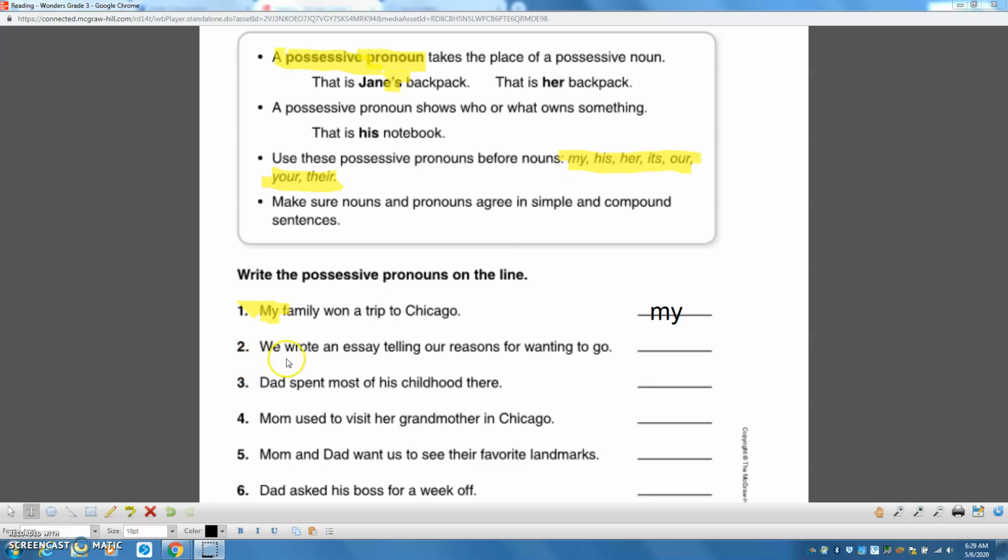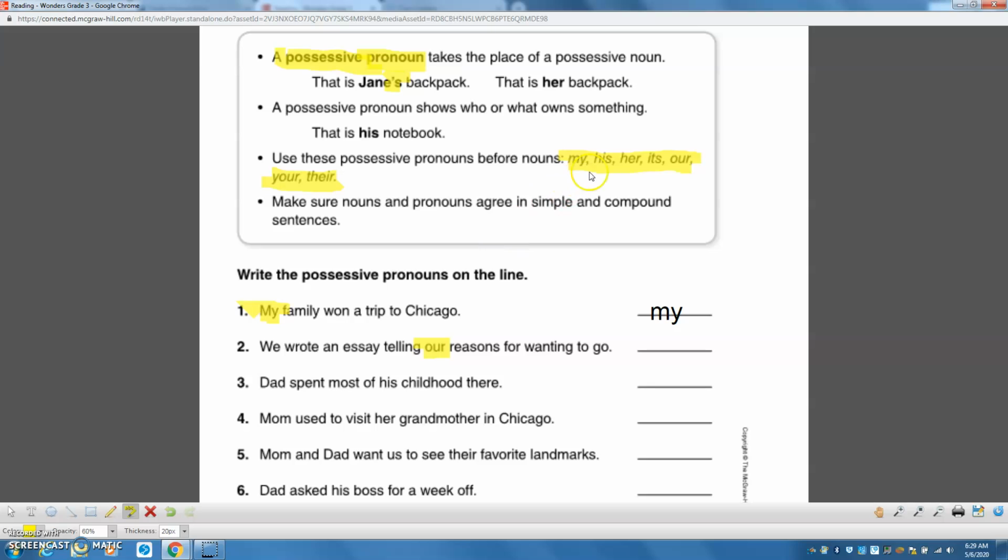If we keep going, we wrote an essay telling our reasons for wanting to go. Our is also a pronoun. Let me get back to my highlighter. Our is also a pronoun, okay? And the reasons belong to them. So our reasons, our would be our possessive pronoun, not we.